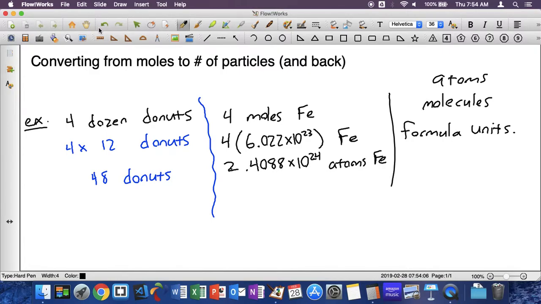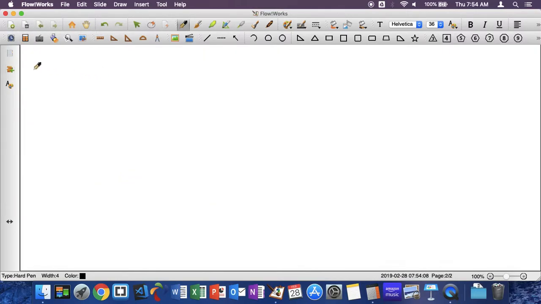Okay. One other thing you can think about that might help you to remember whether you need to multiply or divide is you can use unit cancellation.